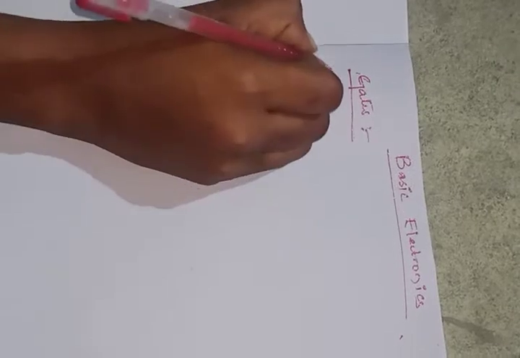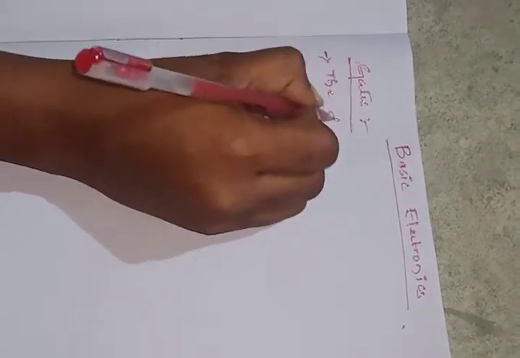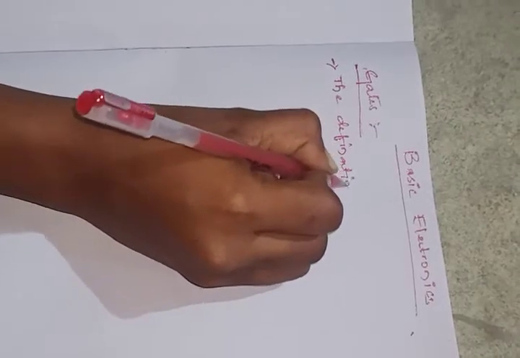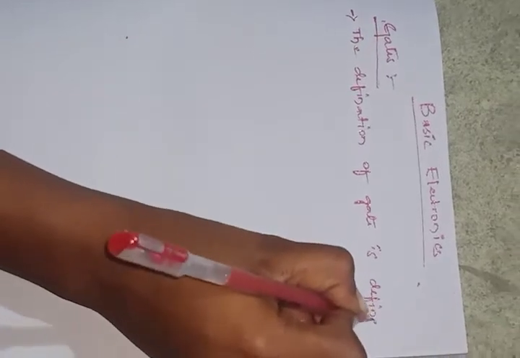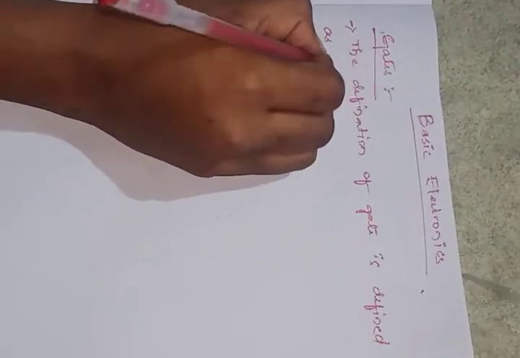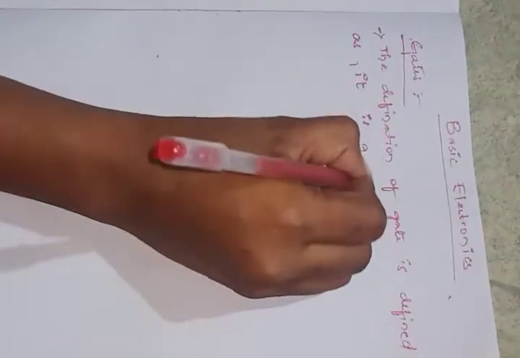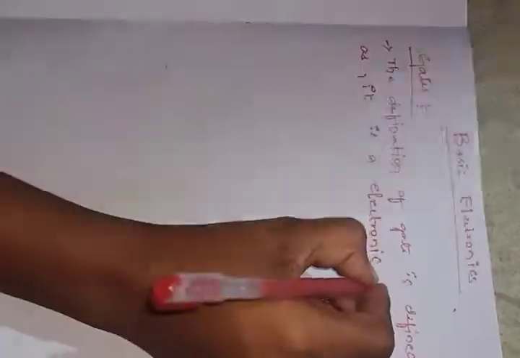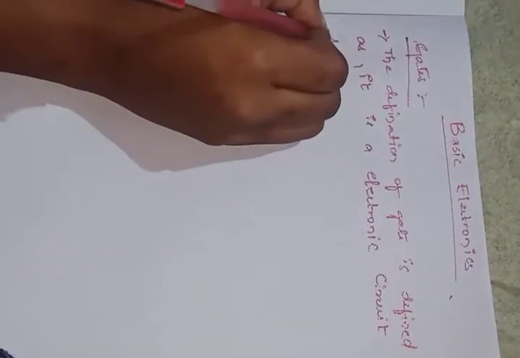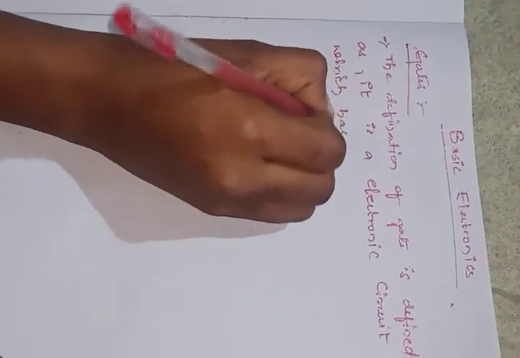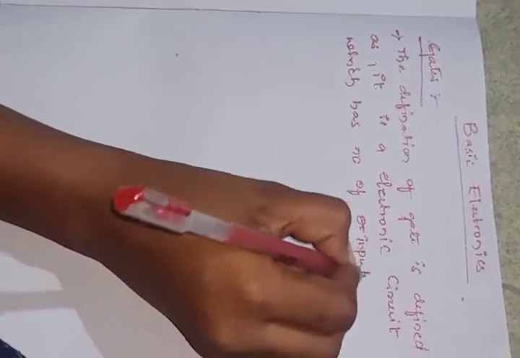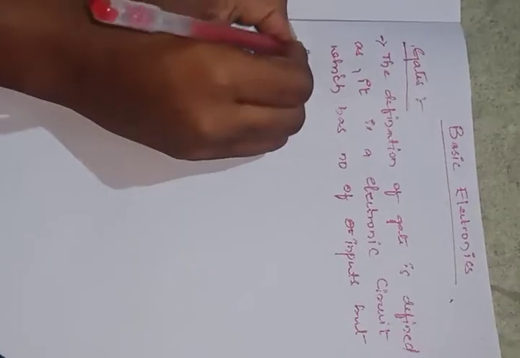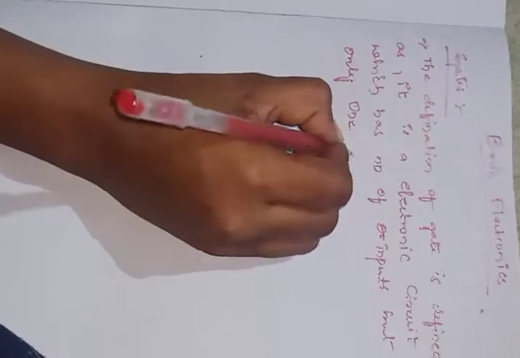Okay. The gate is an electronic circuit which has a number of inputs but only one output.